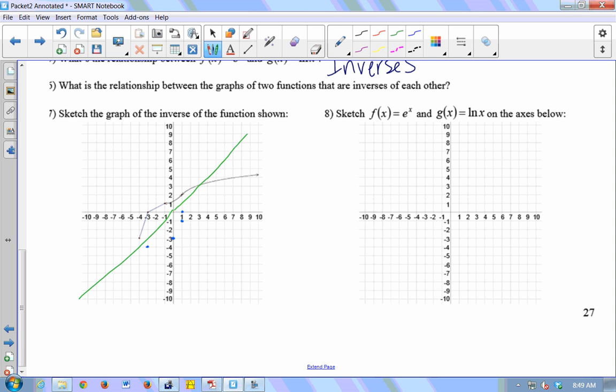And we're starting to get a picture of the reflection. So I plotted all the given points there. I have an extra one. What happened? Negative 1, 1 should become 1, negative 1.